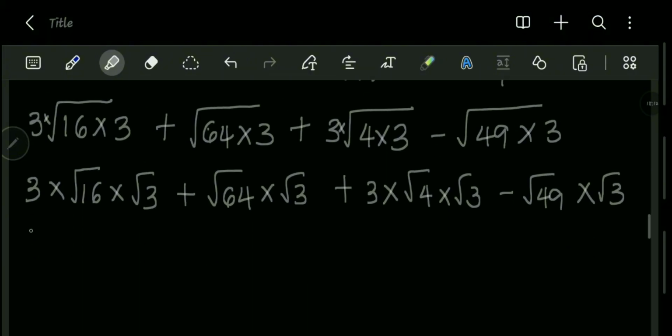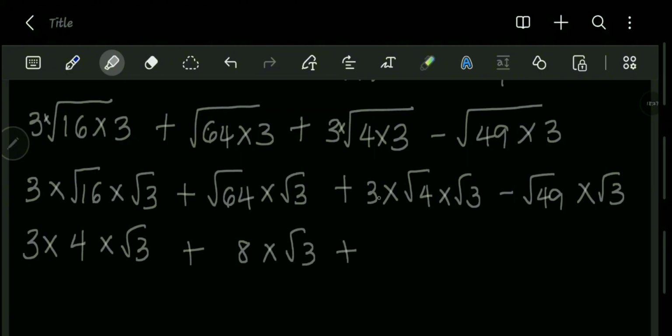So this one is 3 times 4 times surd 3. Plus this one is 8 times surd 3, since the square root of this is 8. Then plus the 3 outside multiplied by the square root of this, which is 2 times surd 3. Then minus square root of this, which is 7 times surd 3.